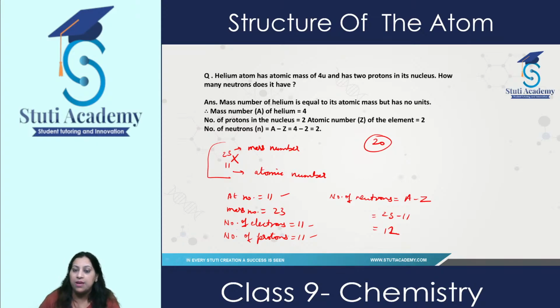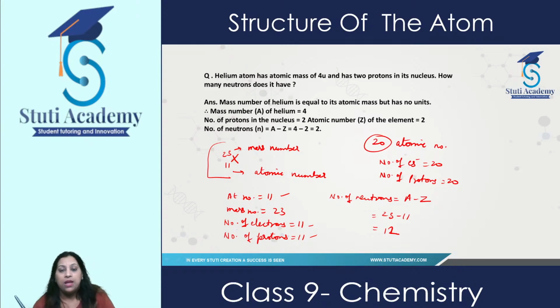If the atomic number is given, you can easily write number of electrons, which is also 20, and number of protons. So fine. So question can come in any form.